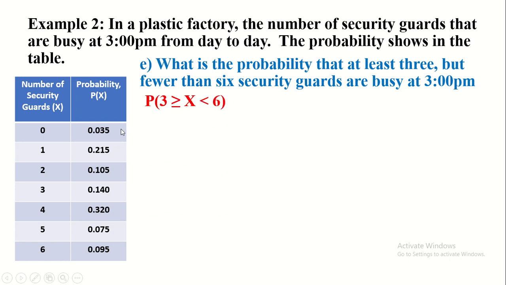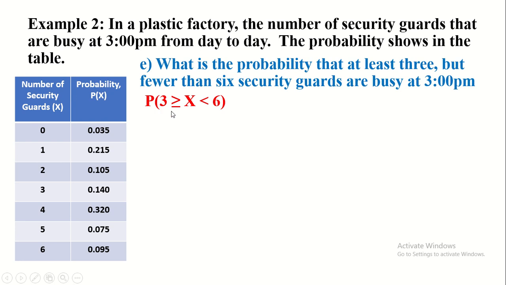So, sabing ganon, the probability of 3 at least or greater than or equal to x, that is less than to 6. Dapat daw ang probability ni x ay greater than kay 3 or equal kay 3. Ibig sabihin, we have 4 and 5. Pero, it should be less than kay 6. So, ibig sabihin, ang value ni x ay 4 and 5.